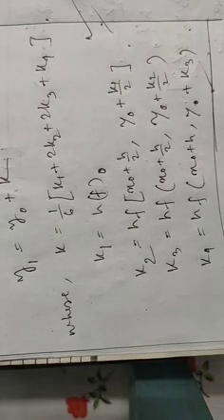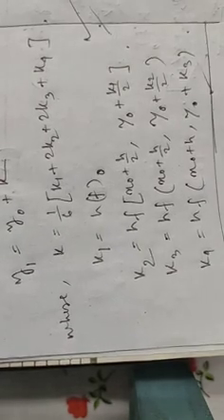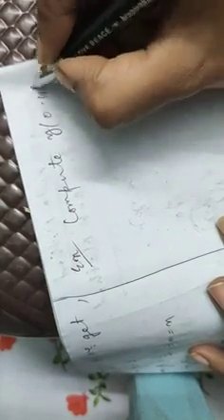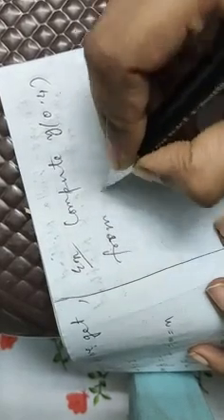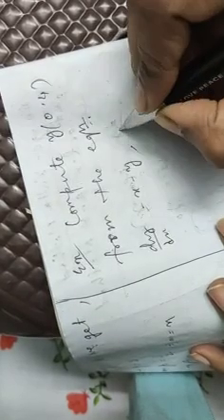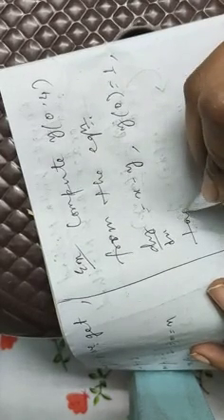Starting with an example. Example: compute y of 0.4 from the equation dy/dx equals x minus y, y0 equals 1, taking h equals 0.1 by the Runge-Kutta method, correct to 5 decimal places.